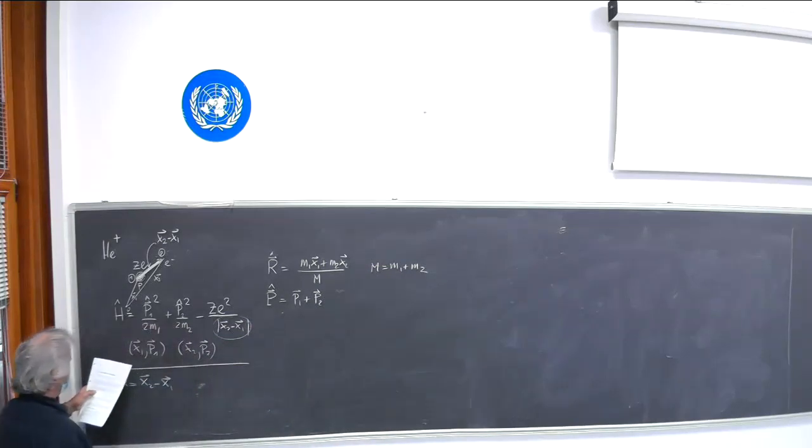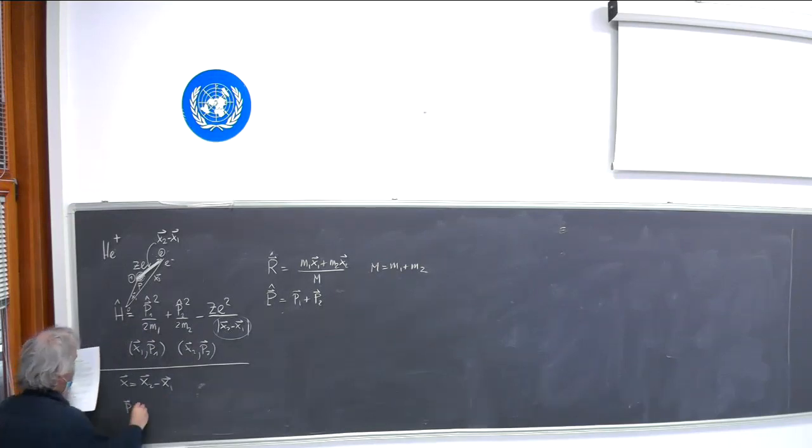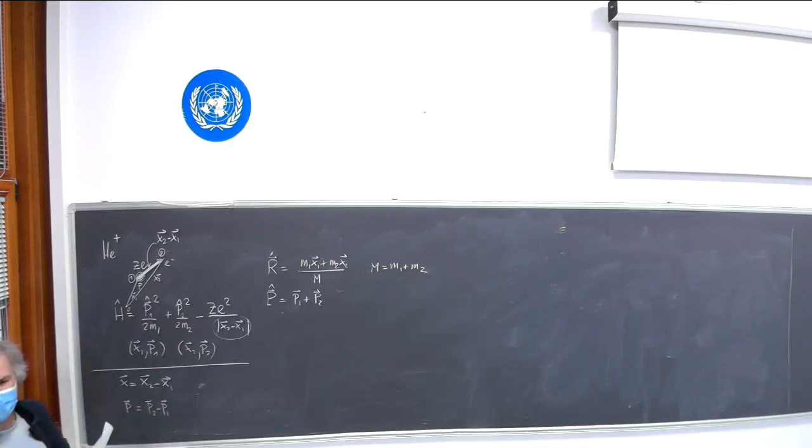So if I think of the relative momentum p as P2 minus P1, it seems a reasonable thing. I mean, after all, the momentum of the particle 2 seen from the particle 1, you might think, maybe. No, this is not a relative velocity.